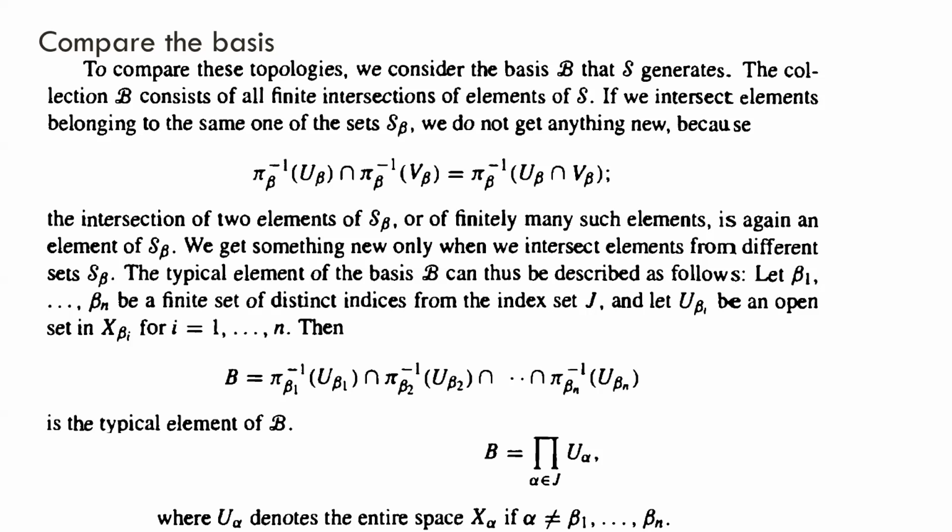If you take another intersection, this product may contain three finite intervals. But other than these three finite intervals, everything else is just the whole space, whole R. That is why eventually you can only get finitely many nontrivial things. Other than these finitely many, all the other factors are just the whole space X alpha.